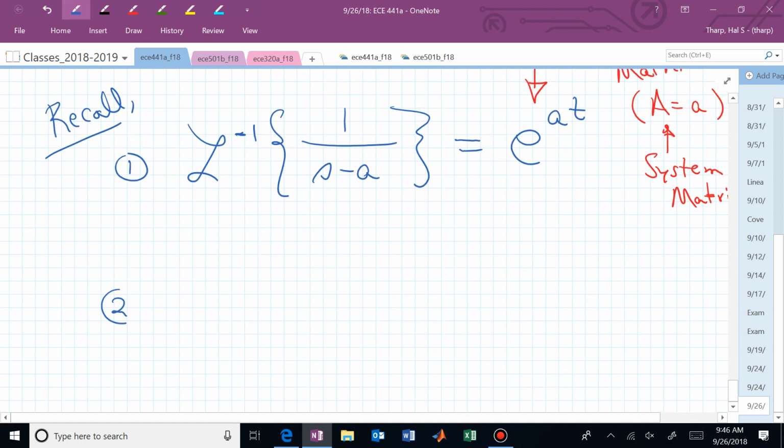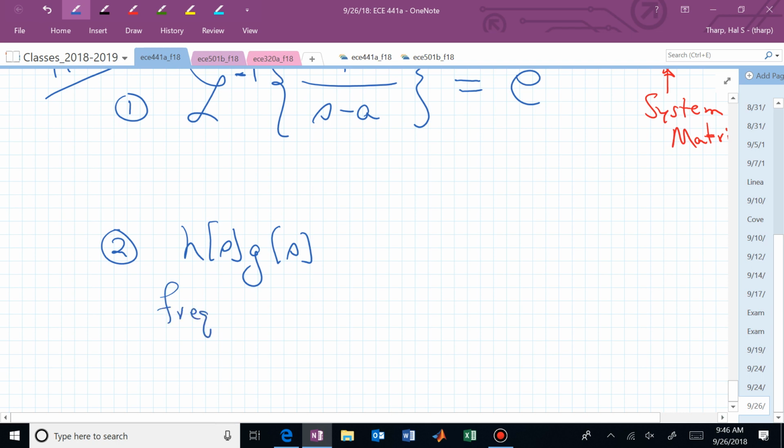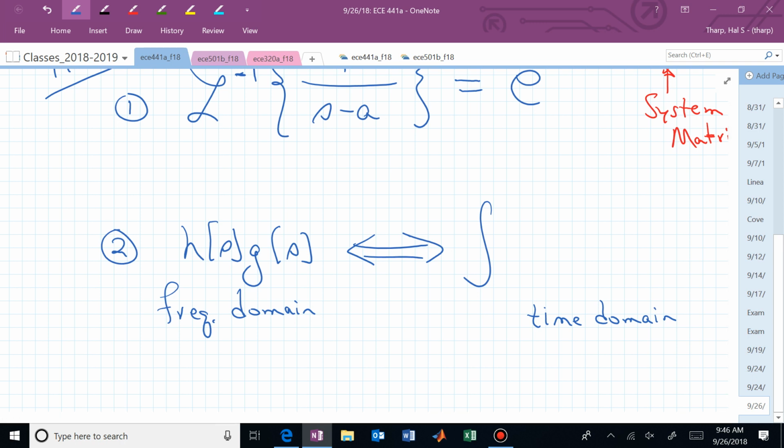So now if I say, what's the inverse Laplace, or if I have h of s and g of s in the frequency domain, what's that correspond to in the time domain? Convolution, everyone's friend, right? So now we have this convolution integral in the time domain, and we could flip and slide.